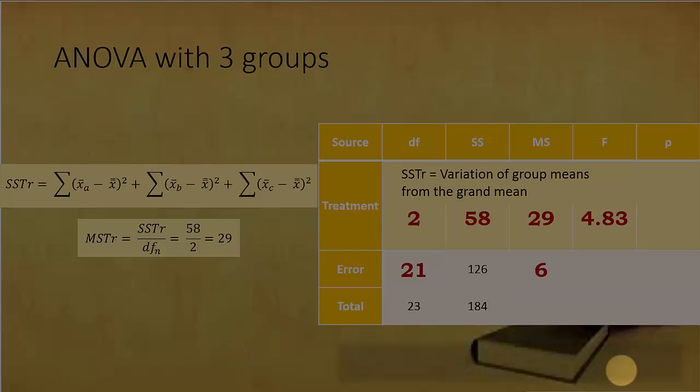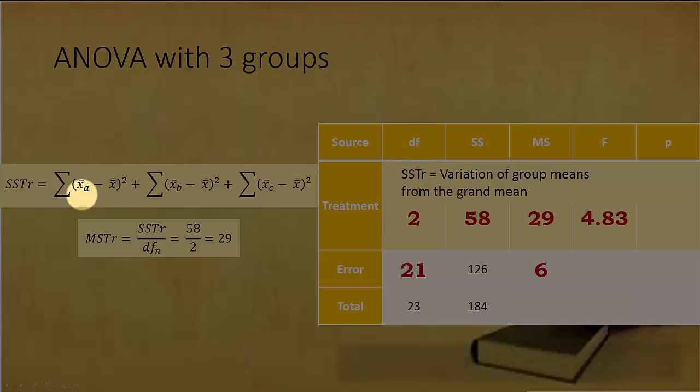Okay, now let's look at the sum of squares treatment and mean square treatment. First of all, let's note that the sum of squares treatment is the variation of the group means from the grand mean, or the difference between means if you want to think of it that way. The analog of x bar A minus x bar B when we were just doing the 2-sample t-test.